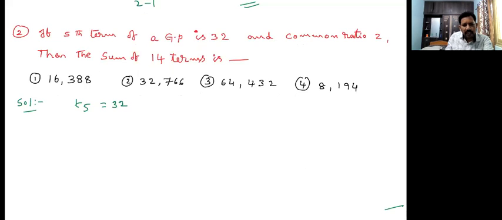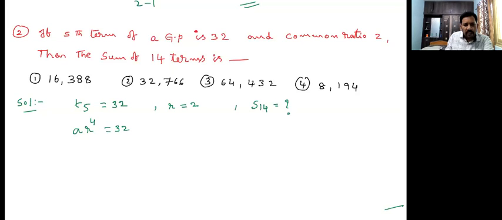T5 means how to write? A into R power 5 minus 1, that is 4, that is equal to 32. And the common ratio R value 2 is given, then find the sum of 14 terms of the GP series.